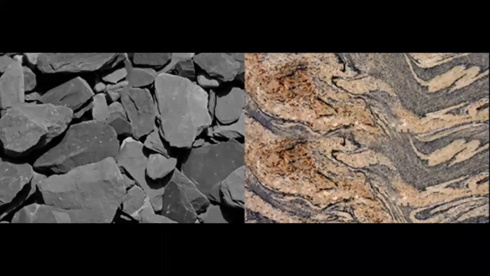So, what's the difference between these two rocks? There's definitely some differences, aren't there? The rock on the left is sedimentary rock. It's shale. Now, it's a metamorphic rock, slate, on the right.